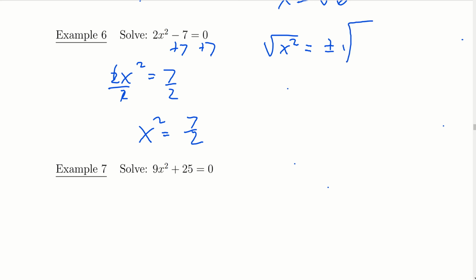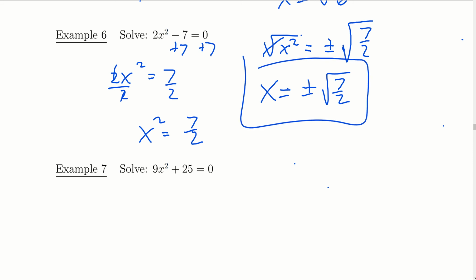And don't forget, when you take the square root of the right-hand side, it's a number, so we want to have that plus minus. The square root and the square cancel, so we get x equals plus or minus the square root of 7 halves. It's also possible to simplify this. For some applications, some people say you're allowed to leave it like this.